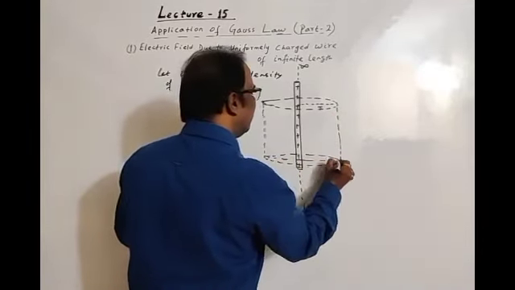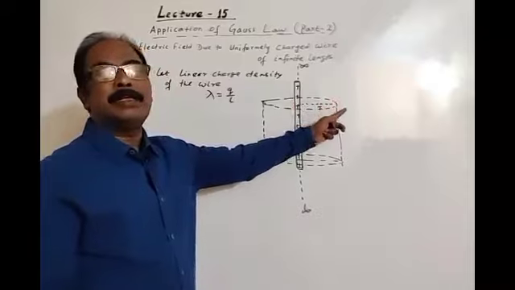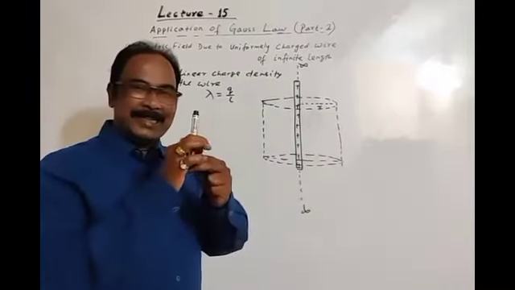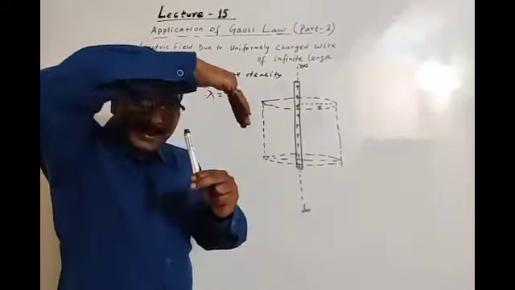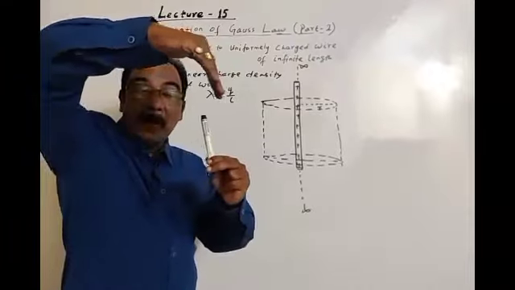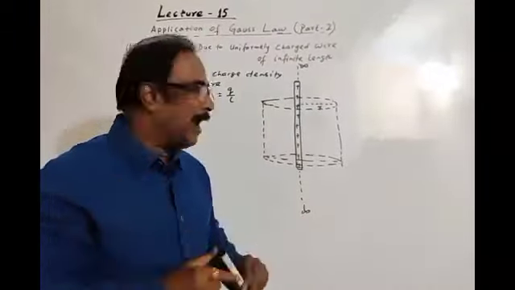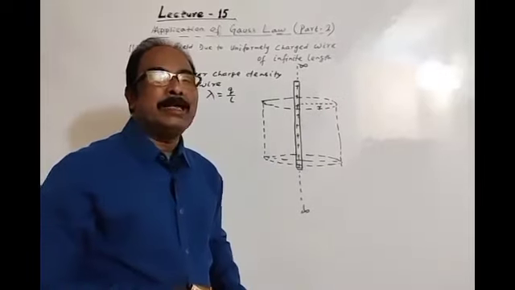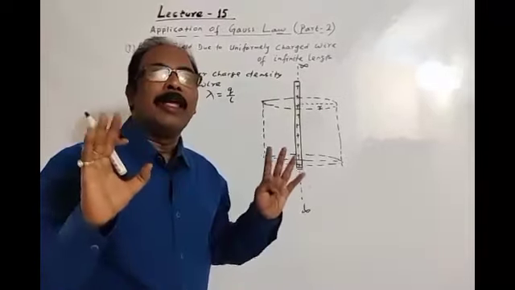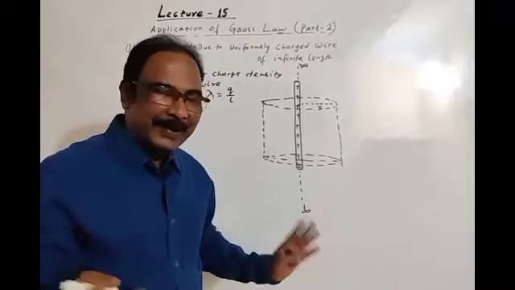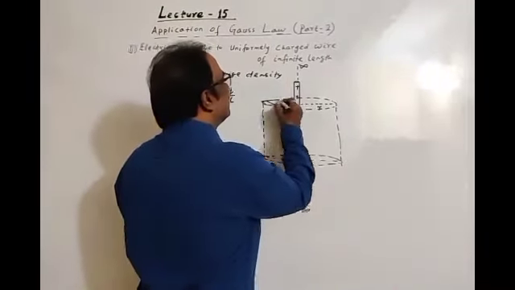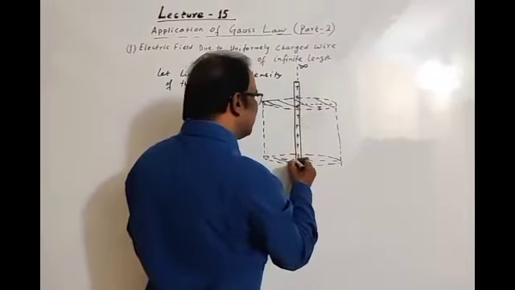So we have taken a distance r, meaning if this is the wire, then the Gaussian surface all around the wire will be in the form of a cylinder. And now r is the radius of the imaginary Gaussian surface.